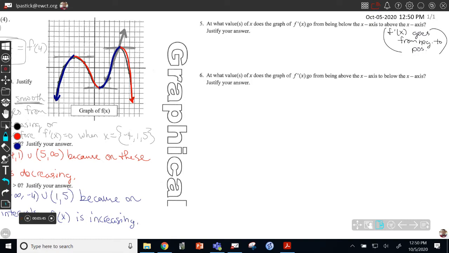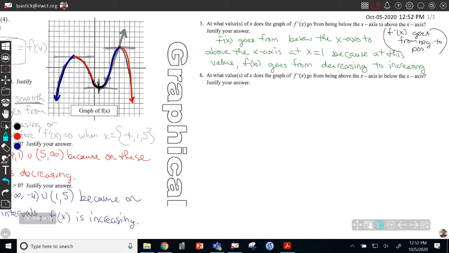The only place where I see that happening is right here, and that happens at the point x equals 1. So I've written that f prime of x goes from below the x-axis to above the x-axis at x equals 1, because at this value, f of x, the original function, goes from decreasing to increasing.